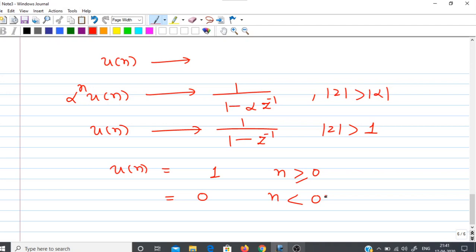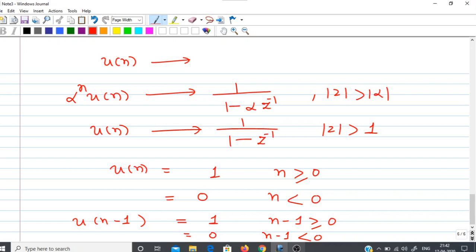Now, if I shift the sequence, if I find u of n minus 1, what would it be? It would be 1 for n minus 1 greater than or equal to 0, and 0 for n minus 1 less than 0. So you can see that the sequence now starts from 1; the non-zero values are 1 from n equals 1 onwards.